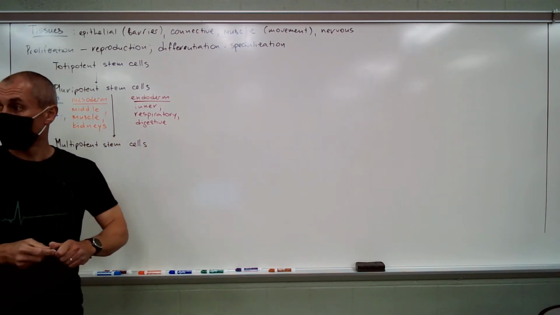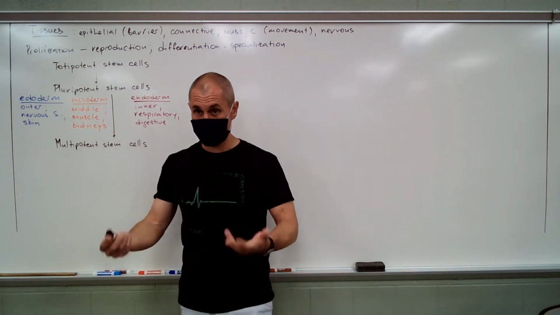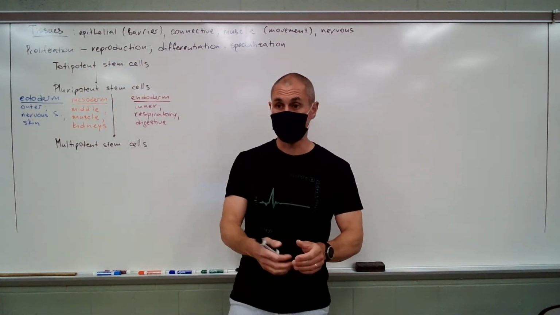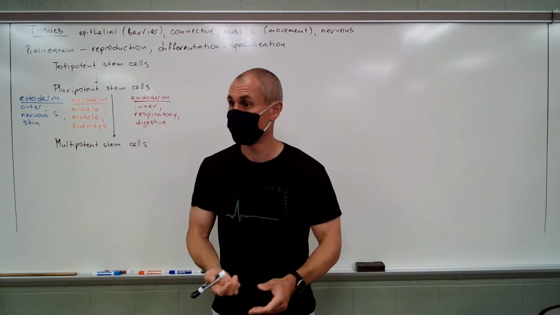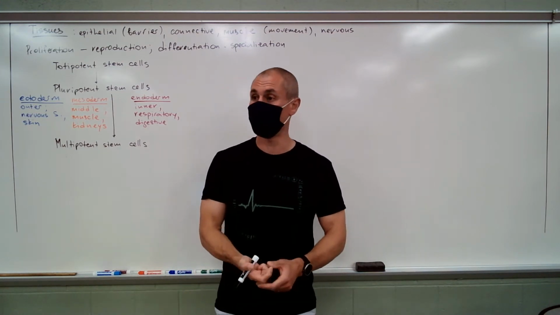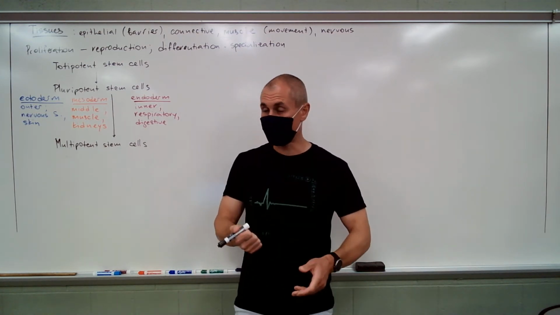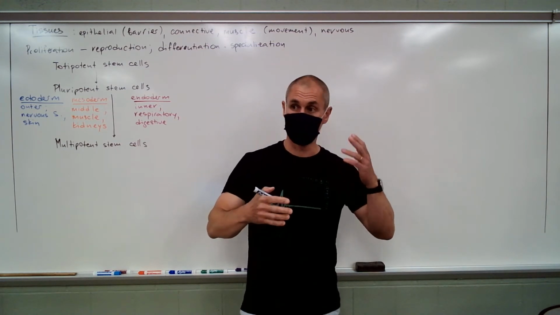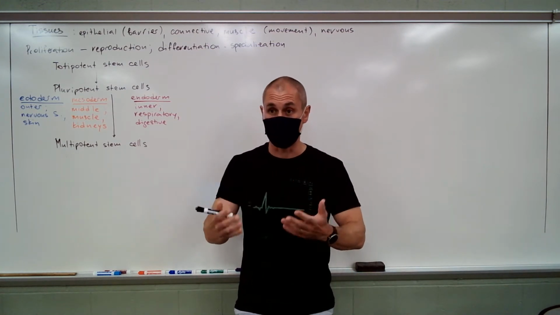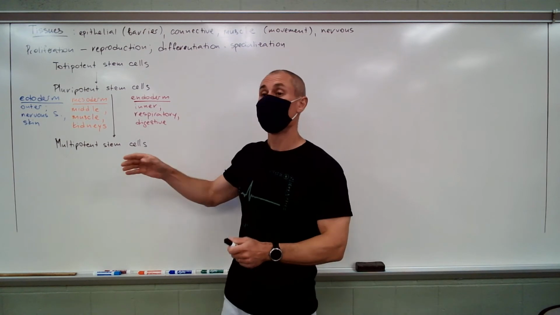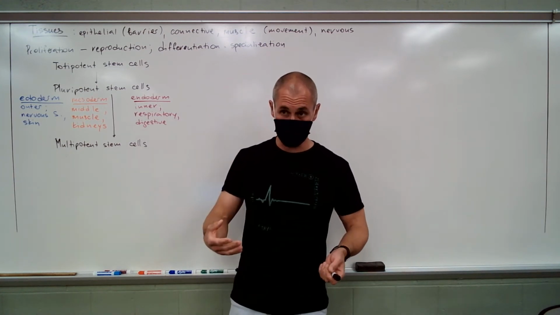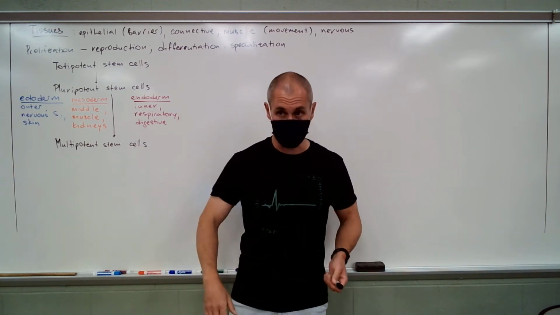Let's say you have bone marrow stem cells that can become red blood cells, T lymphocytes, B lymphocytes, macrophages, neutrophils, all kinds of blood cells. Do they have many capacities? Yes. Are they limited? Yes.